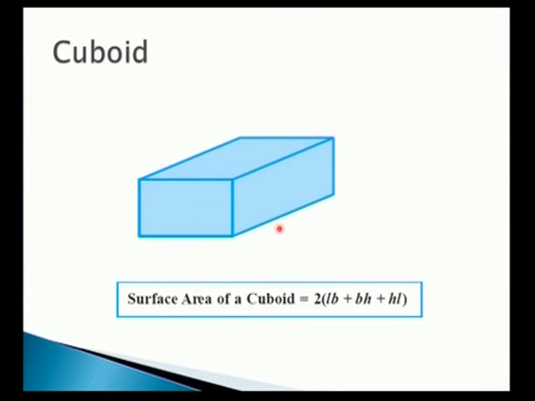Top face and bottom face have equal areas, and a face opposite to another face has equal area. So, 2 into the sum of the area of the 3 faces will give the total surface area of a cuboid.